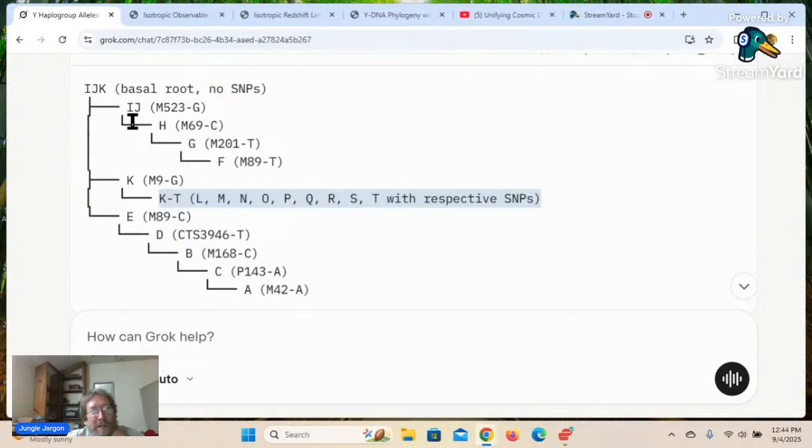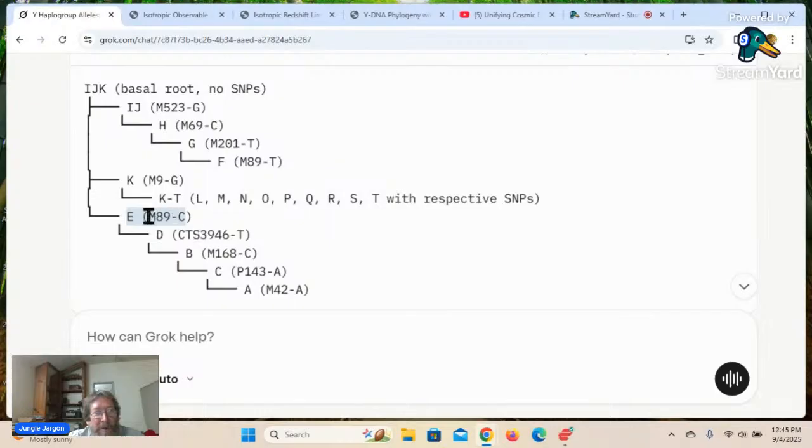Of course, the IJ has the M253 G allele, and the H, the M69 G, is M201, F is M89 as before, retaining the original T. When it gets down to E, you can see here, E, that's where the SNP occurs, in the Hamitic lineage, which is downstream from the Semitic lineage.